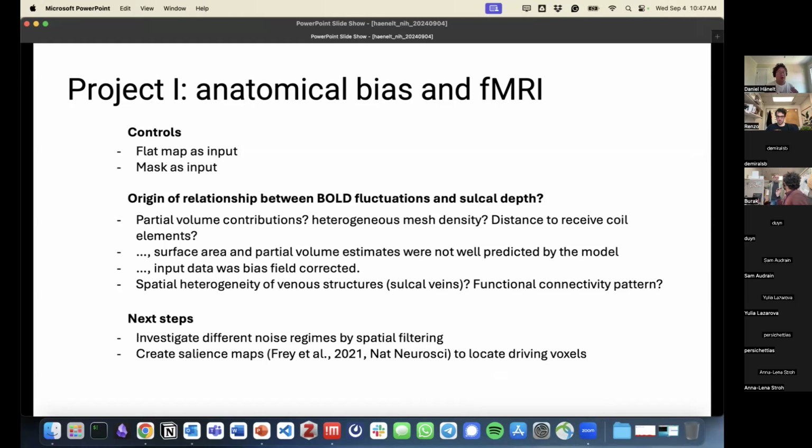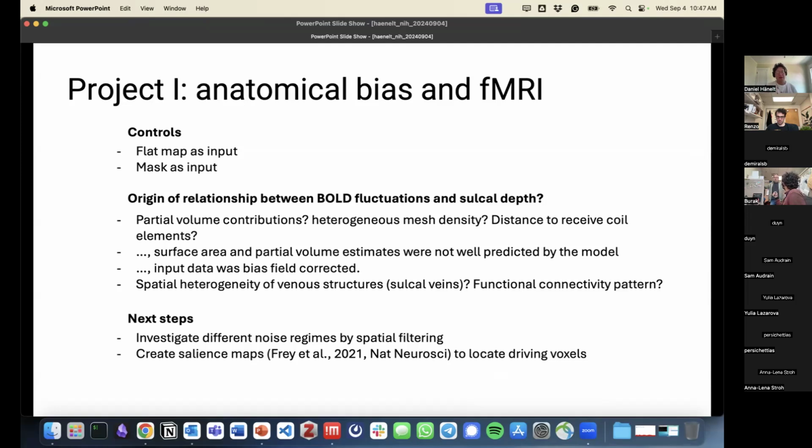So maybe I will also use spatial filtering to investigate different noise regimes, and see if from these experiments I can better interpret these results.